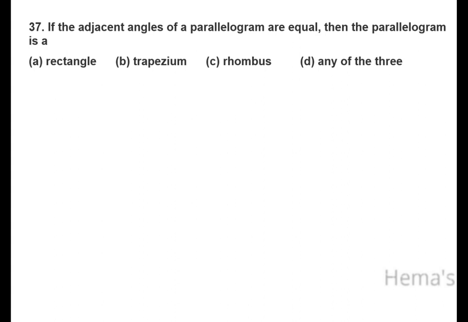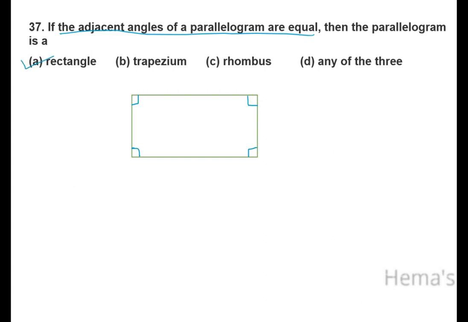Question 37. If the adjacent angles of a parallelogram are equal, then the parallelogram is. According to the question, the adjacent angles of a parallelogram are equal, which means that all the angles are equal, right? And this is possible only in the case of a rectangle where all the angles are equal to 90 degrees.